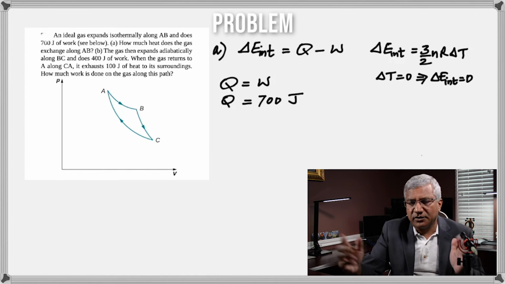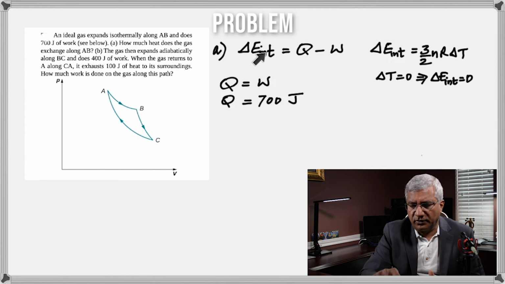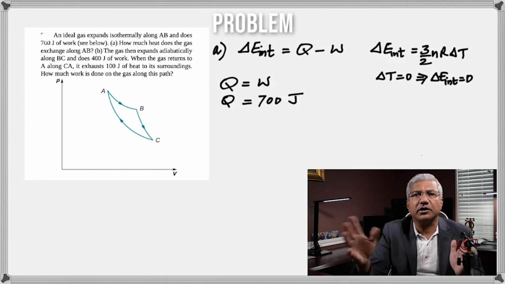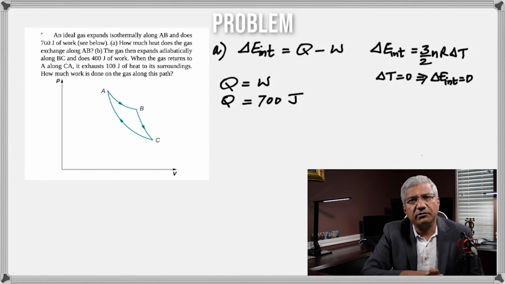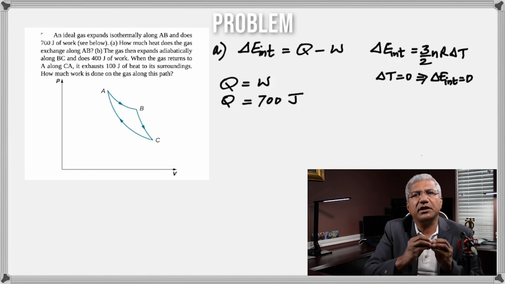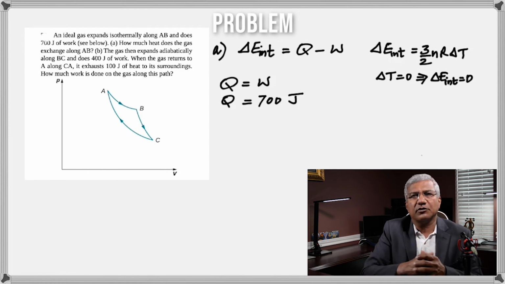Done. Because if this quantity is zero, then Q is equal to the work. You want to find Q? It's exactly the same as the work. So in any isothermal process, the work done will be exactly equal to the quantity of heat exchanged between the system and the surroundings.